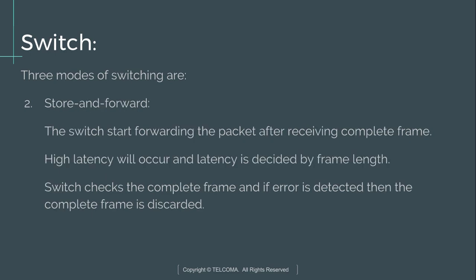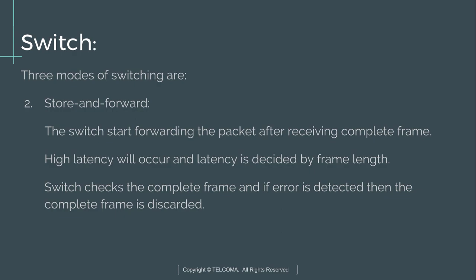The next mode is store and forward mode. In this mode, the switch starts forwarding the packet after receiving the complete frame. Before forwarding the packet, it receives the whole frame and then forwards the packet to the destination. Here one drawback comes: high latency, meaning higher delay, will occur, and the delay depends upon the frame length.